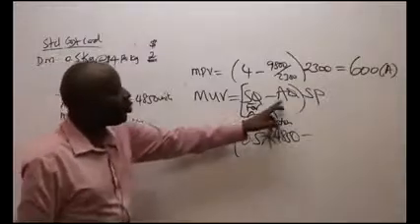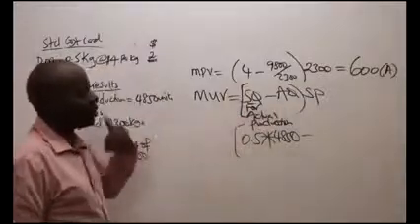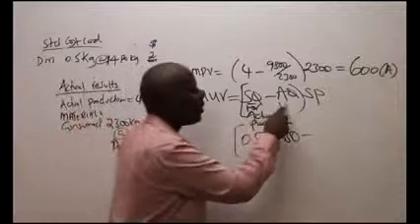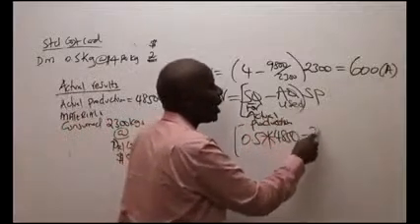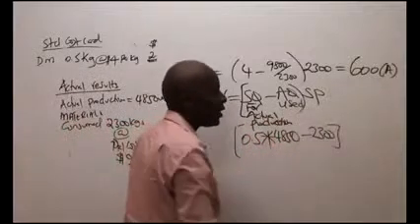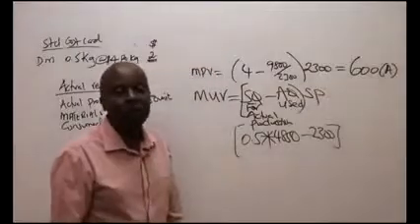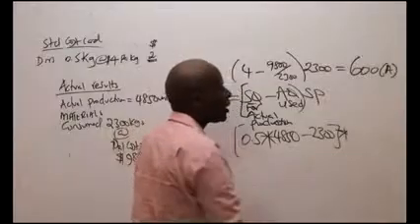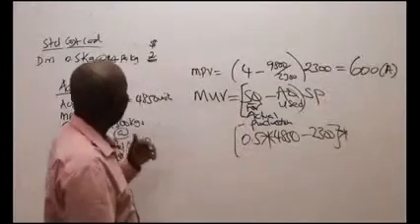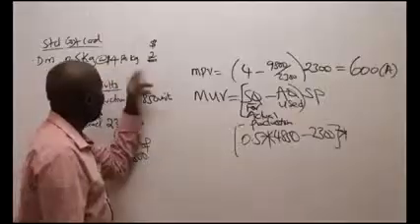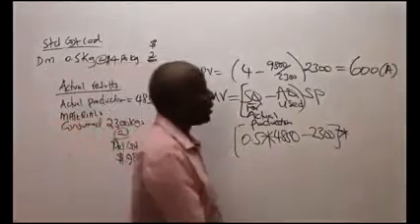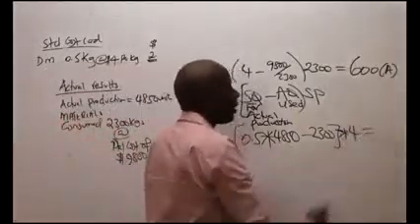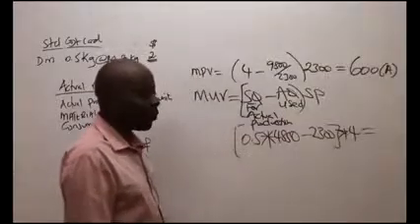Minus the actual quantity of raw materials that was used, which you guys gave me a figure of 2,300, multiplied outside here with the standard price per kilogram, which is 4.